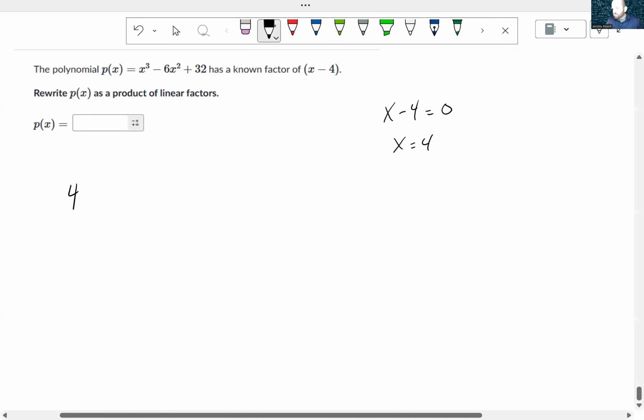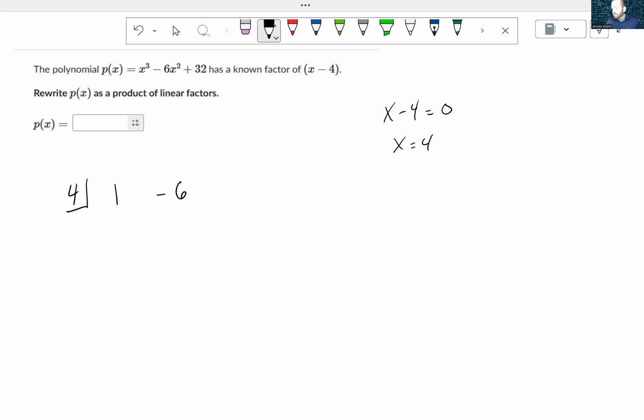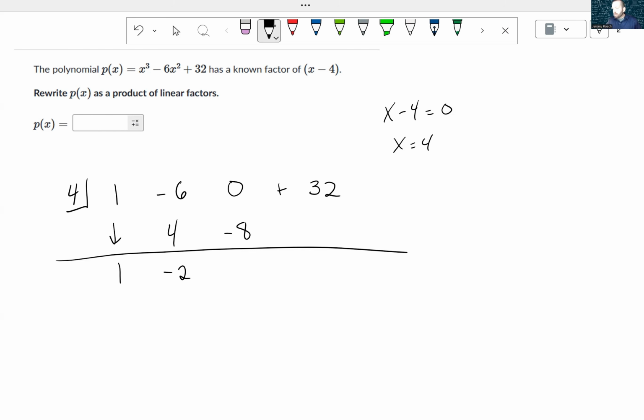So we're going to put the 4 in the box here. And 1, -6. This skips 1 when we're going in descending order. So this is a 0x plus 32. Bring the 1 down. 1 times 4 is 4. -6 plus 4 is -2 times 4 is -8.